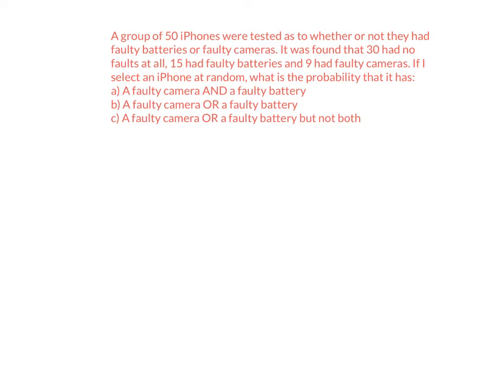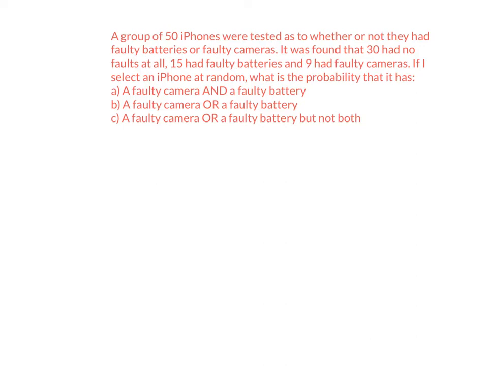So you're probably thinking, well, what does this possibly have to do with Venn diagrams and two-way tables? How does that relate to iPhones? Well, the point of two-way tables and Venn diagrams is to display information in a convenient way to help us with probability calculations. We use Venn diagrams and two-way tables when we have information about two sets.